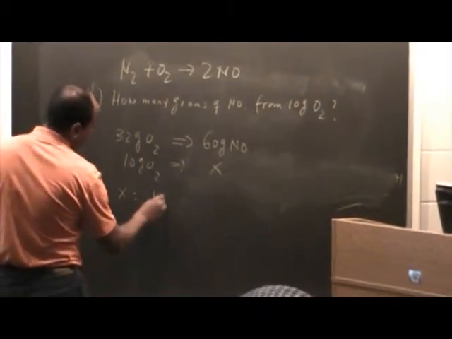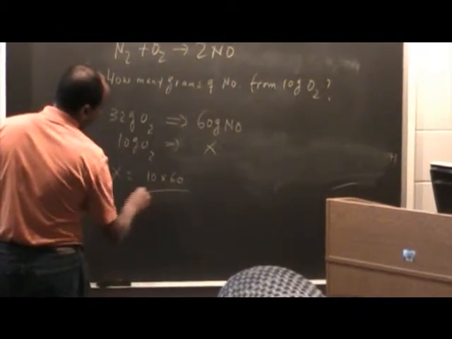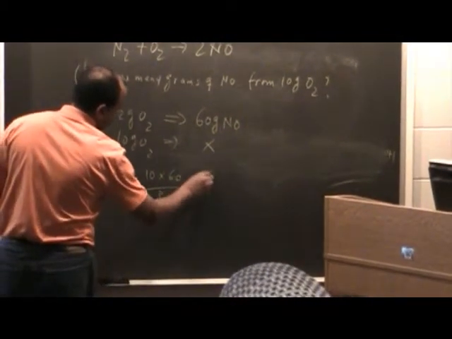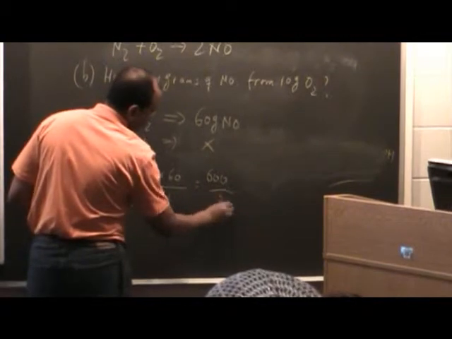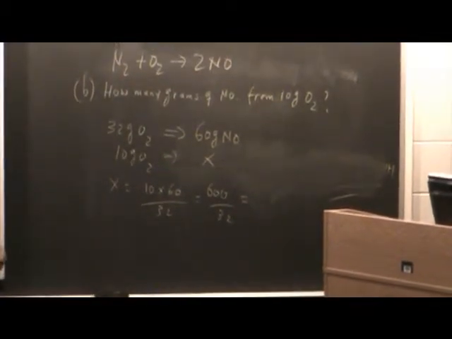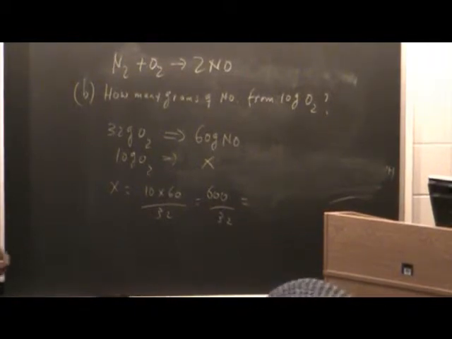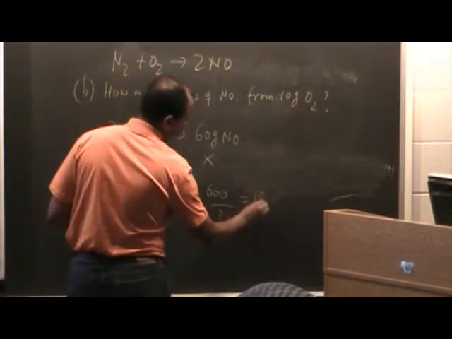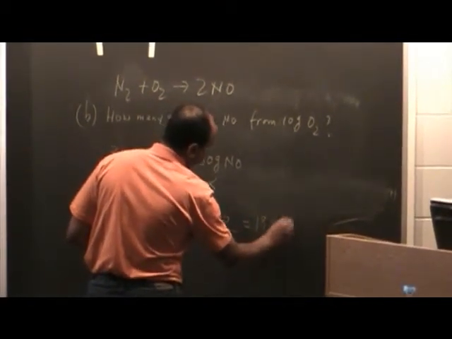It's going to be 10 times 60 divided by 32, which is 600 divided by 32. That's 18.8 grams of NO.